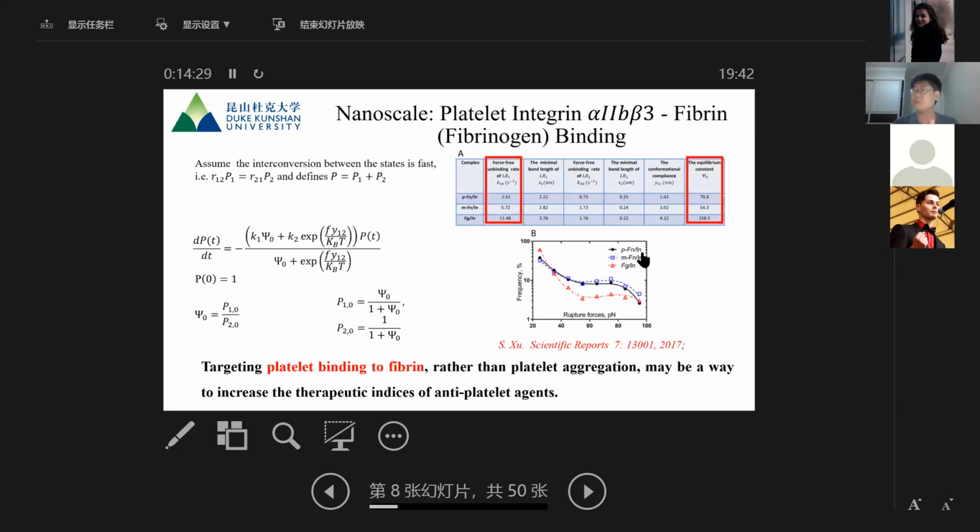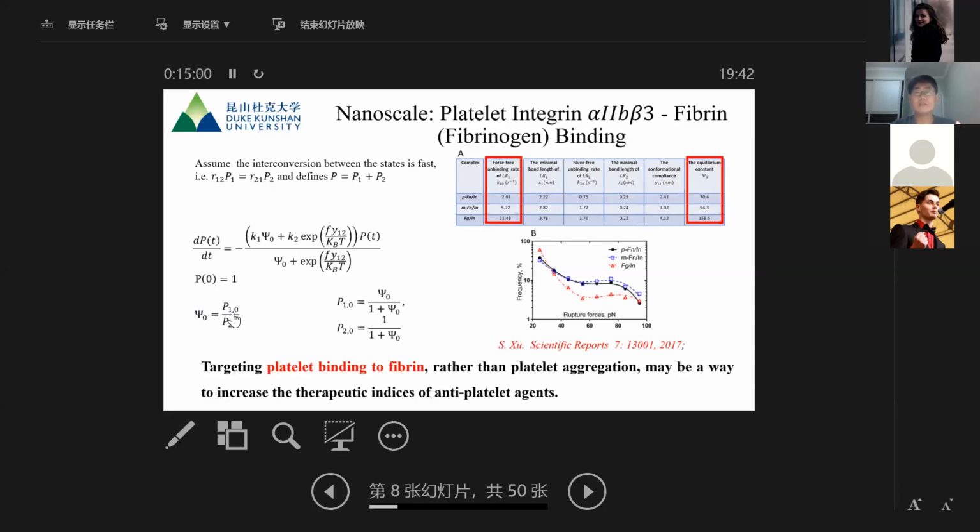Then the previous two ODEs are transformed into one ODE, and there are 6 parameters in my model. One important parameter introduced here is called C0. It tells me the initial ratio of the lower affinity and the higher affinity states, where the 0 means in the beginning, before the force is added to the system.